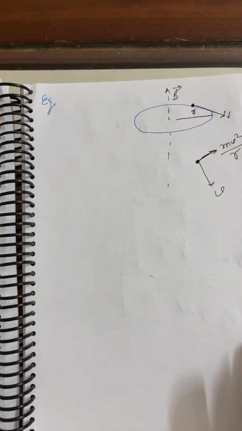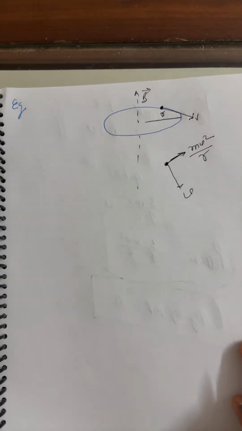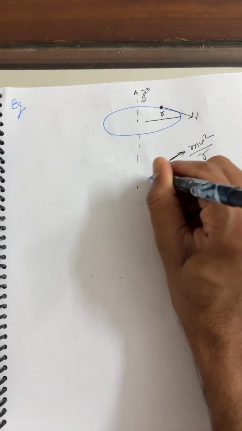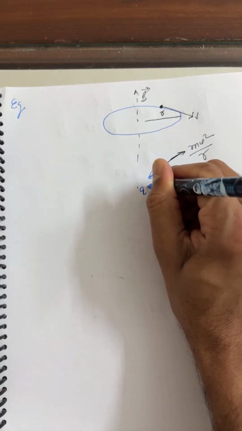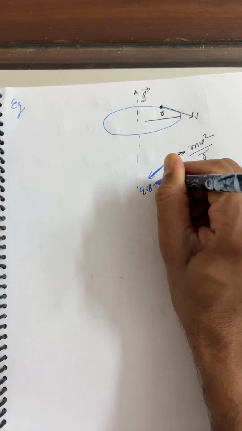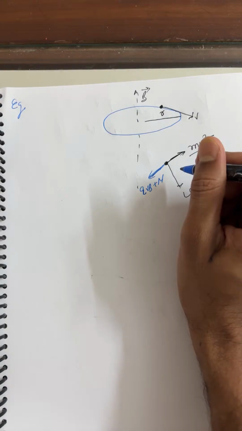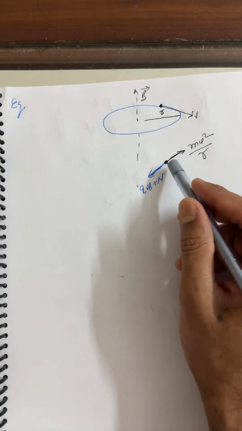I hope all of you know very well that if any particle is moving on a circular path, the centrifugal force is always away from the center. mv square by r is in the inward direction, or centripetal acceleration, which is provided by the magnetic force qvB, and one more normal force is there for revolution of the particle in the wire. We use this along the radial direction.